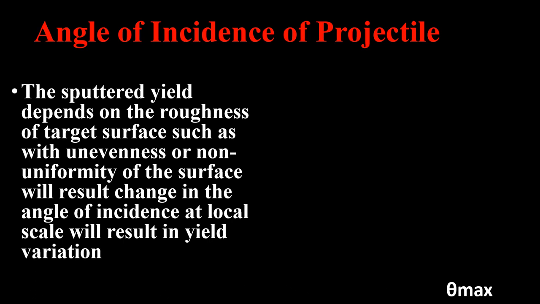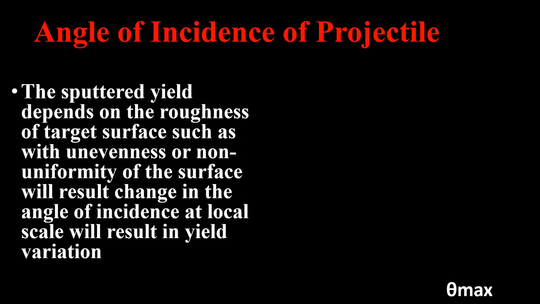When it changes, the yield will change, because the angle of incidence is not the same. So the surface uniformity of the source material is also important in order to get a higher yield, okay?